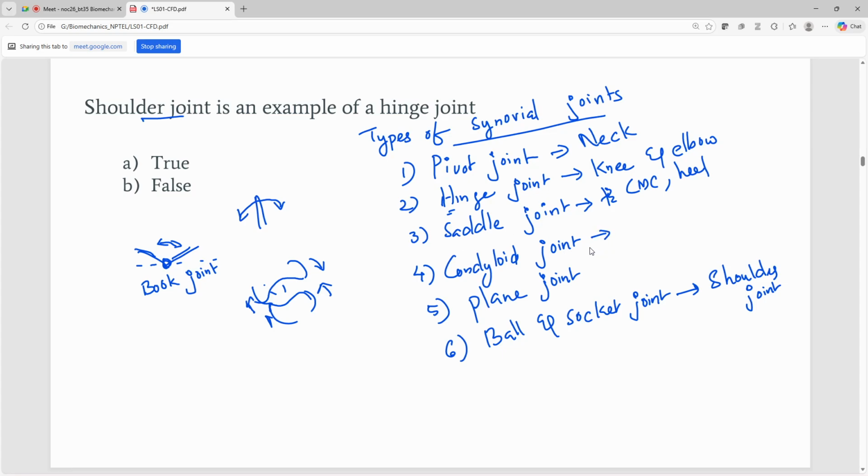So next one is condyloid joint. Can you give an example for condyloid joint?